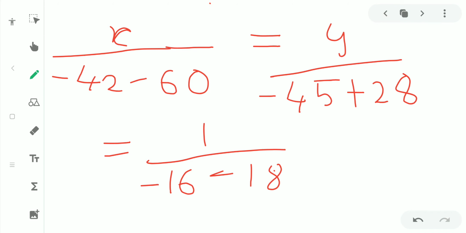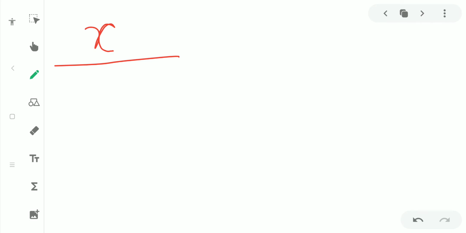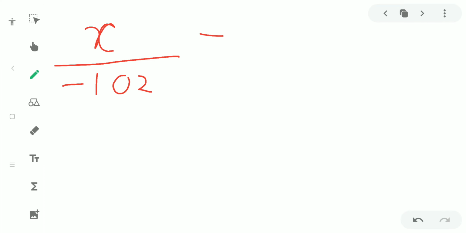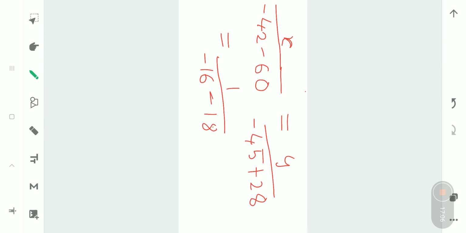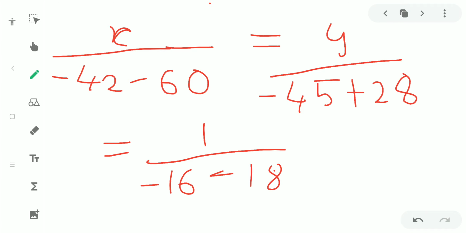So x as the numerator and minus 42 minus 60 is nothing but minus 102, which is equal to y by minus 45 plus 28, that is 45 minus 28, where the bigger number's sign, that is nothing but minus 45 minus 28.